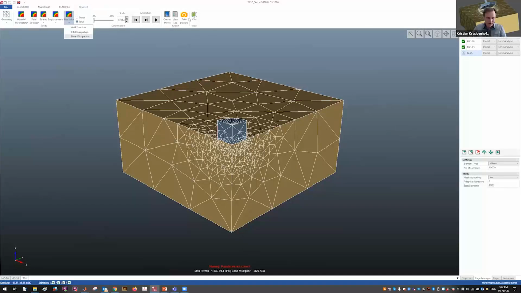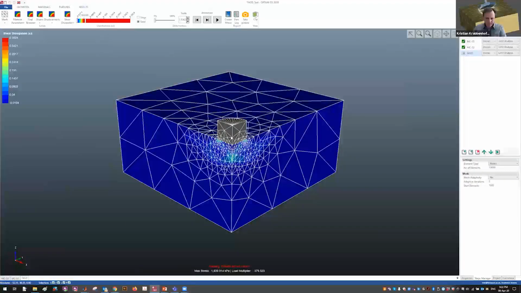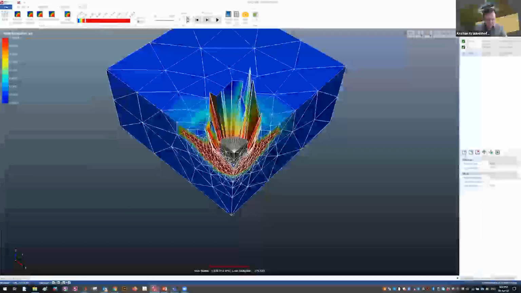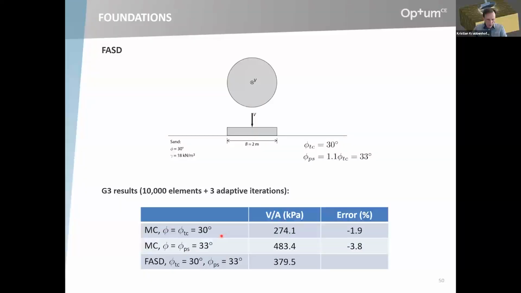This is the typical failure. We have huge stress concentrations here around the edges of the foundation. And if we look at the actual results, well, Mohr-Coulomb 30, so triaxial angle this much, plane that much, and then the FASD somewhere in between.